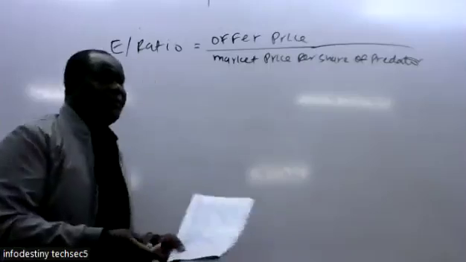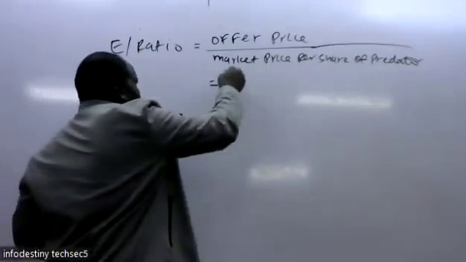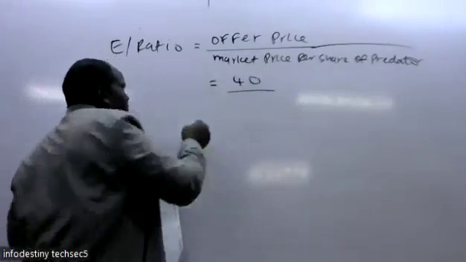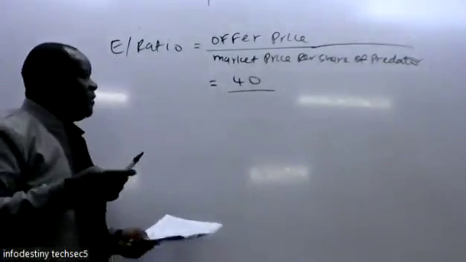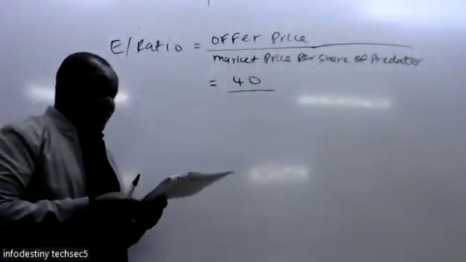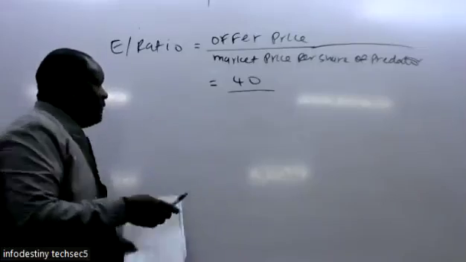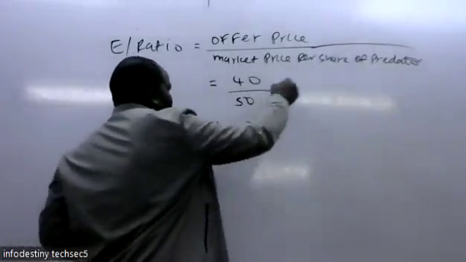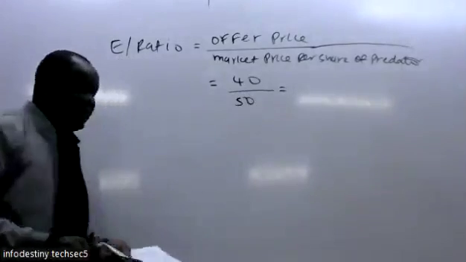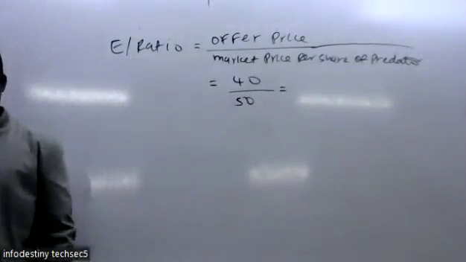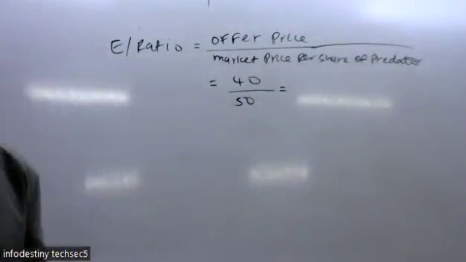It is 40. So you take the 40, divide by the market price per share of the predator, which was given as 50. So we come up with that particular exchange ratio.